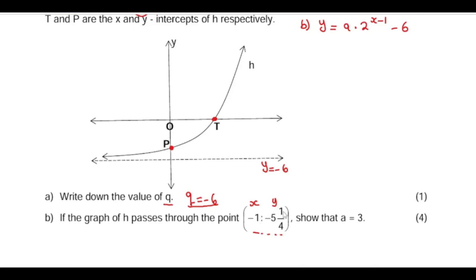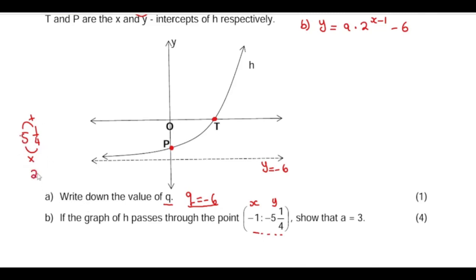5 1 over 4. But let's convert this. Remember, if I have 5 and 1 over 4, we're going to say 5 times 4, that's 20. We multiply those two, the answer that you get, you add that 1. So this will be 5 times 4, that's 20, plus 1.